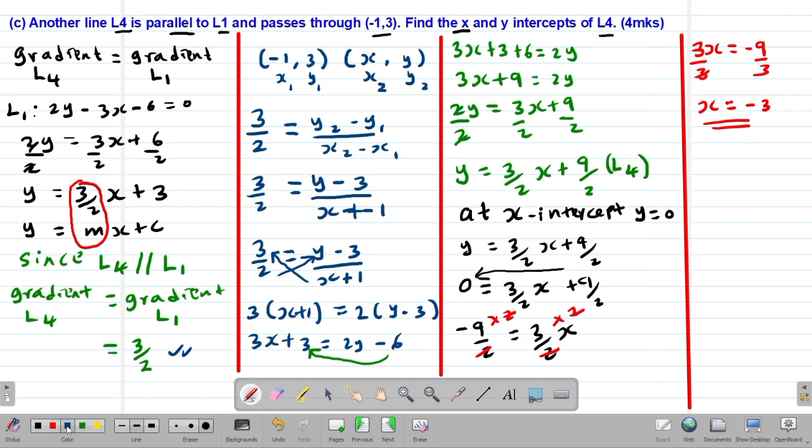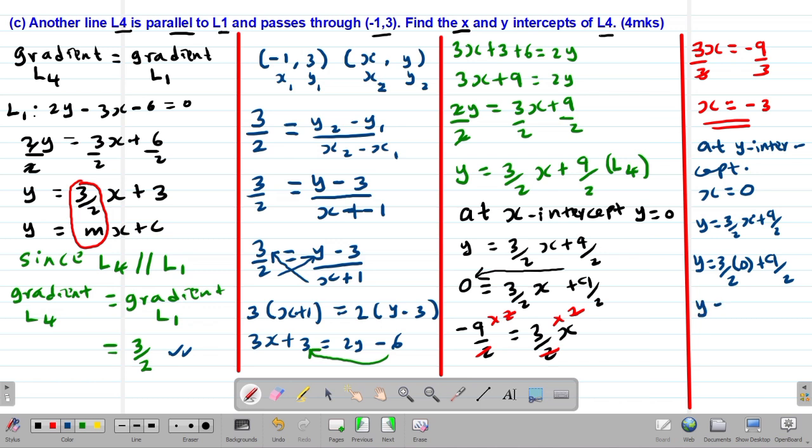Then we'll also find the y-intercept. Remember, the x-intercept is actually -3. At the y-intercept, remember, the y-intercept simply means a point where the line cuts the y-axis. So at that particular point, the value of x is always equal to 0. Therefore, the equation y equals 3 over 2x plus 9 over 2 will become, when x is 0, y equals 3 over 2 into 0, plus 9 over 2.